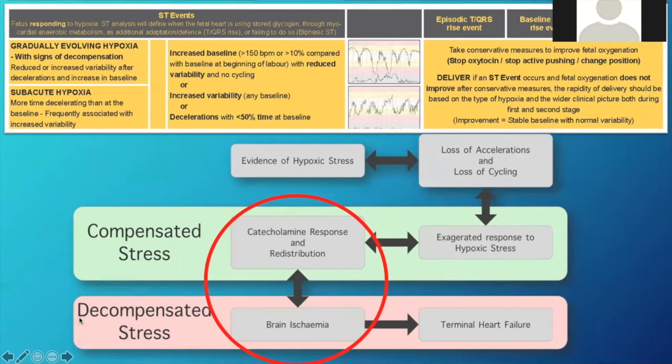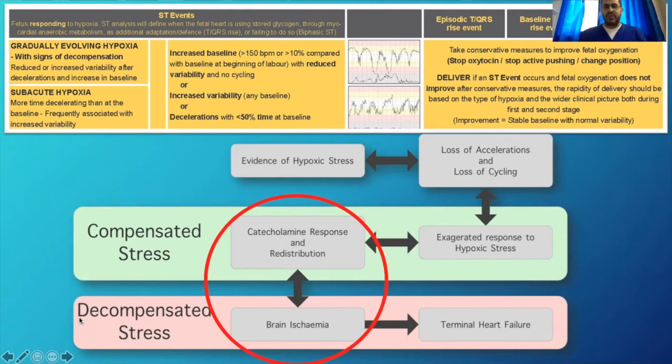Okay, so cycling is basically the change between the sleep states, as in baby is either going into sleep and wake rhythms. As long as baby can still go through that cycling phase, that means that baby is happy. That means baby is chilled out enough to go through a sleep phase and then wake up, carry on, and then go back to sleep.